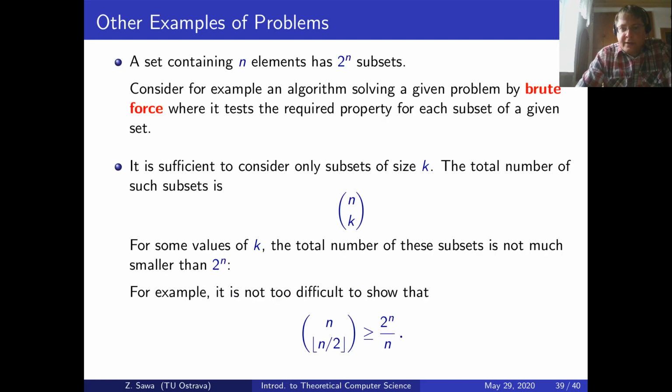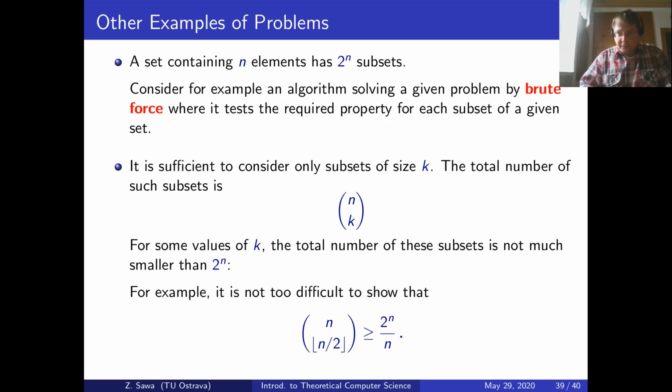It's rather obvious that we could, because these independent sets are subsets, and a set of n elements has 2 to n subsets, use some trivial brute force algorithm that would just systematically try all subsets. We would generate all subsets and check if the given subset is of size k and is independent.